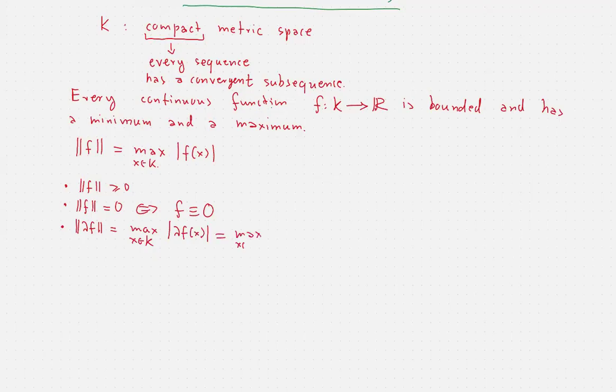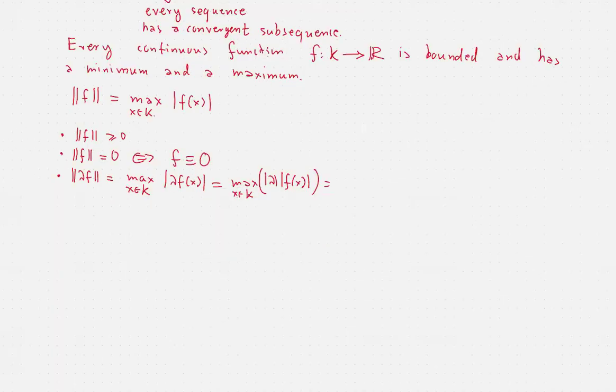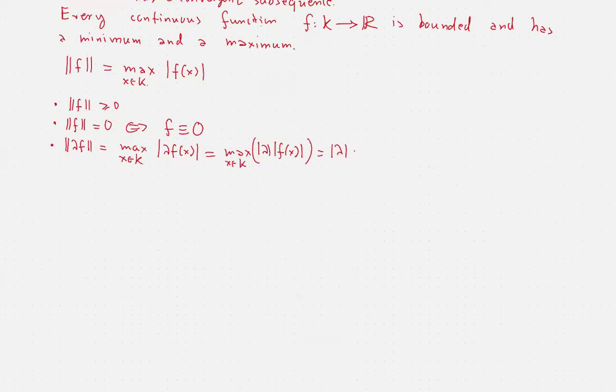And here again, we can take two cases, lambda different from 0, in which case, as in the case of supremum, the lambda comes out of the expression of maximum. Actually, you can always argue that the maximum is a special case of supremum. And if lambda is 0, everything becomes 0. So in other words, we have this kind of situation. That means eventually lambda times the uniform norm of f.